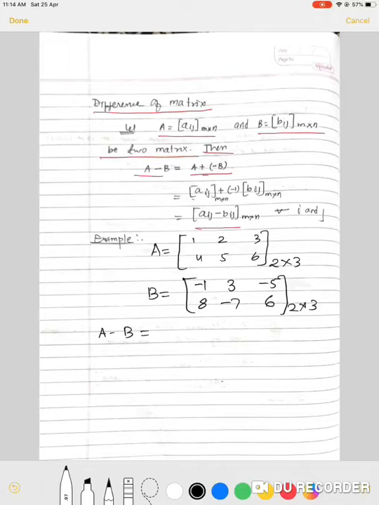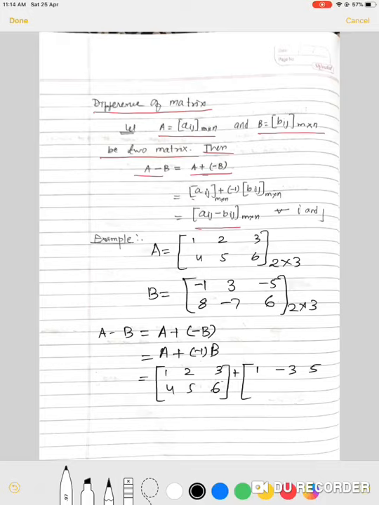So what we will do here, first we find A plus minus B. It means that A plus minus 1 into B. Here matrix A is 1 2 3 4 5 6 plus minus B. We have to multiply each element of B by minus 1 first, then it is 1 minus 3 5 minus 8 7 minus 6.